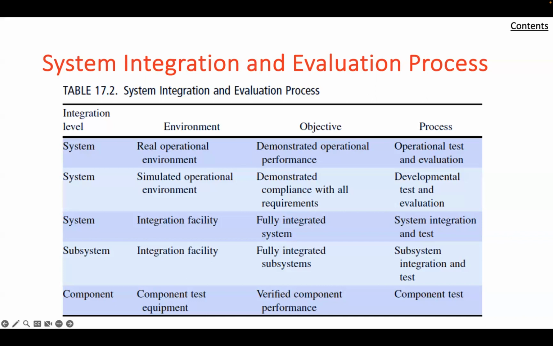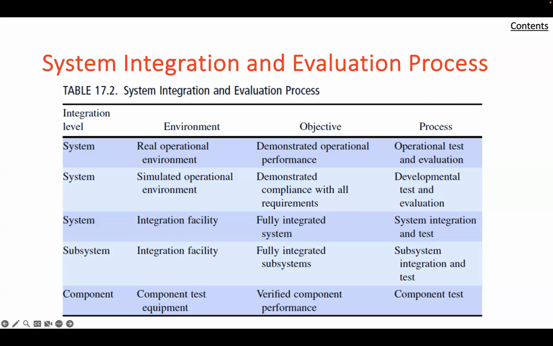Now, considering this table, the view of the activities and objectives of the integration and evaluation phase can be further amplified by expanding the activities pictured in the last column of the table we were showing on the last slide. This is demonstrated in the table that we're showing now, in which the first column lists the system aggregation corresponding to the integration level as in the previous table.